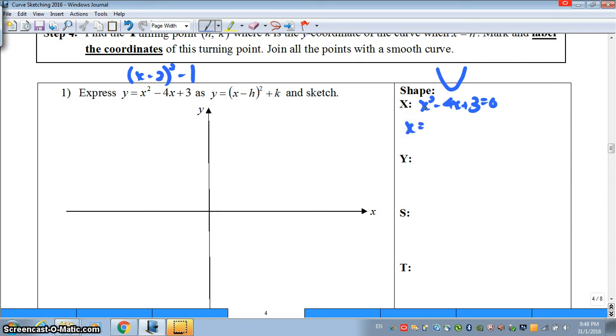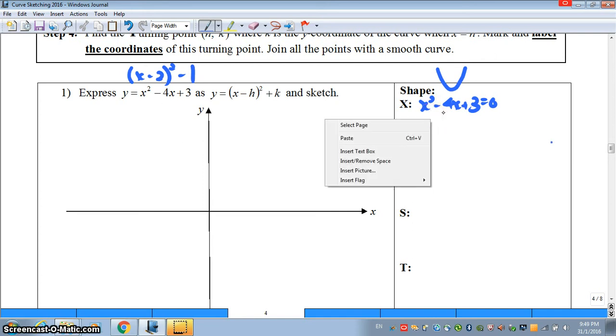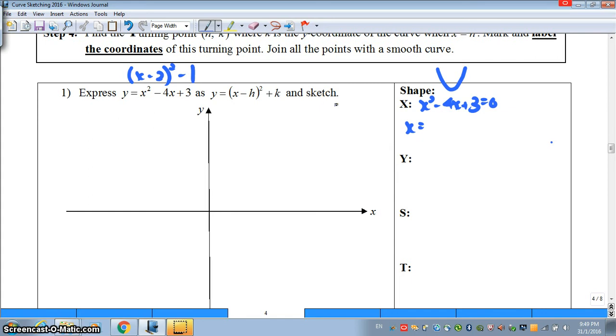You'll be able to get x is equal to 1 or 3. Next, there is also another method you can do by solving this. We have completed the square.